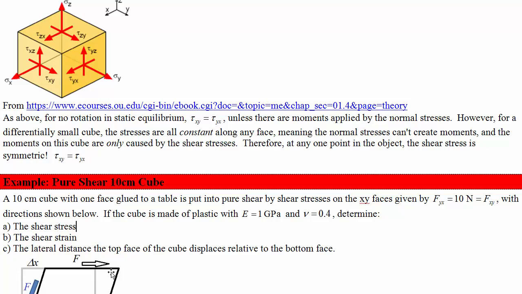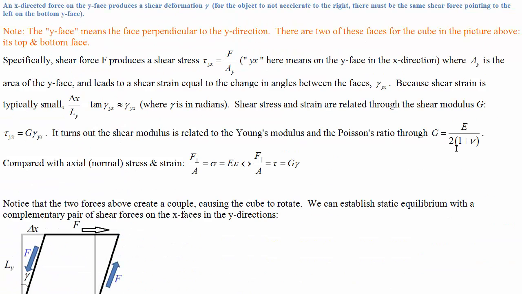Let's assume that anyway for this. For an isotropic material, one that's the same in all directions, the shear modulus is just the Young's modulus divided by 2 times 1 plus Poisson's ratio.